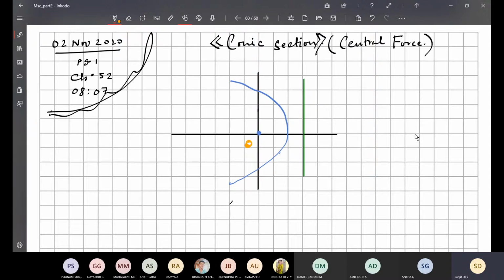At any particular position, at any point, I call that P, and the line joining from the focus to the particle is R, and from the particle, an imaginary line perpendicular to the y-axis, that I call M. Now the definition for the conic section is that this ratio PO by PM should be constant.